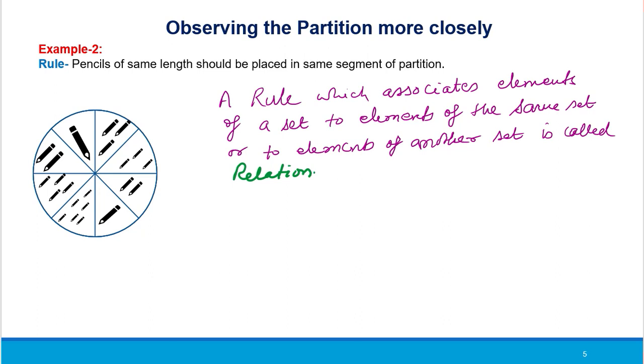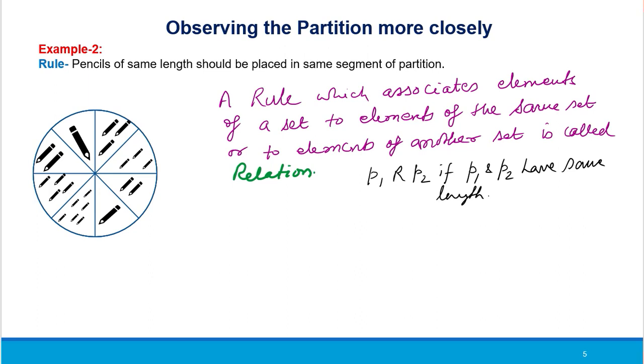So we say that pencil P1 is related to P2 if P1 and P2 have the same length. In this way we have related two pencils, and this is a relation.